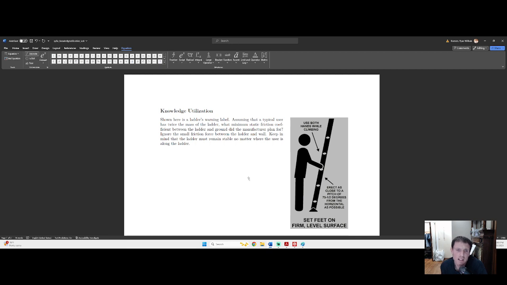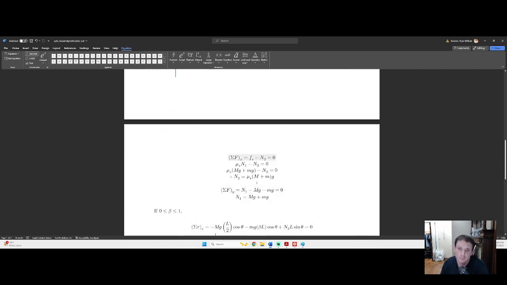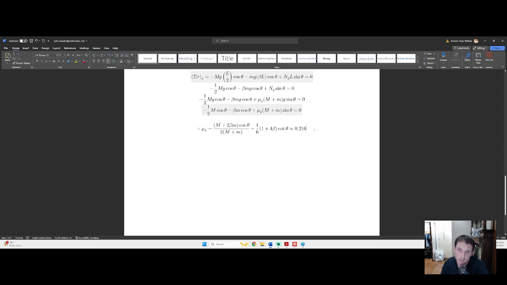So I would say that it's reasonable to think that the minimum static friction coefficient corresponds to the maximum torque that the person must exert on the ladder, okay? So I want to say that this is our answer without really any further analysis of it, right?